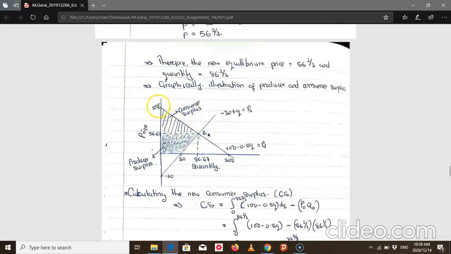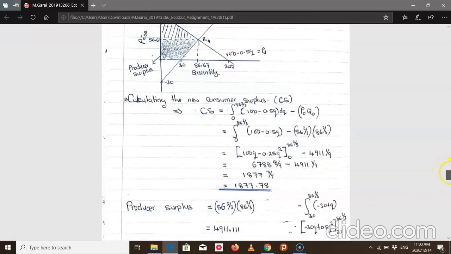But this area is bound between 0 and 86.67, not 80 now. And we get the area of this trapezium, which is the integral of the demand function between 0 and 86.7, minus the area of this rectangle with dimensions 56.67 and 86.67.